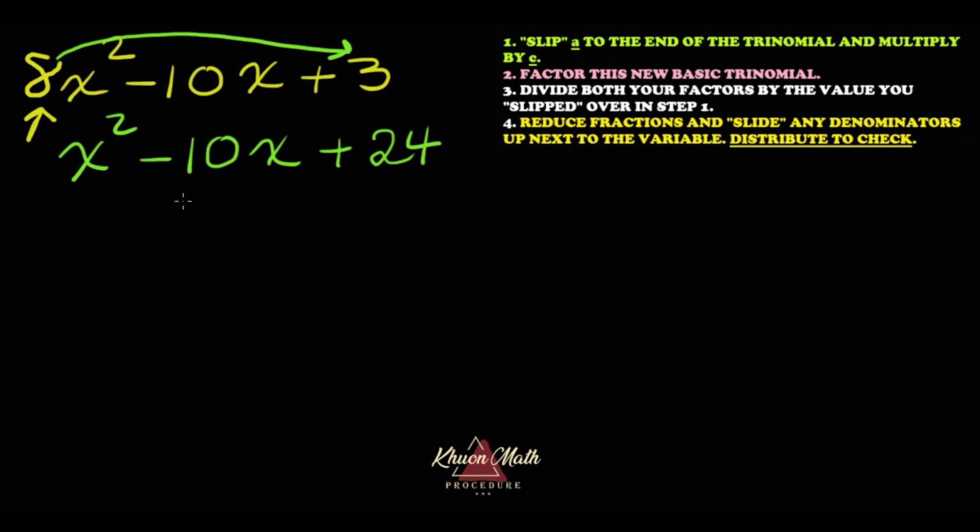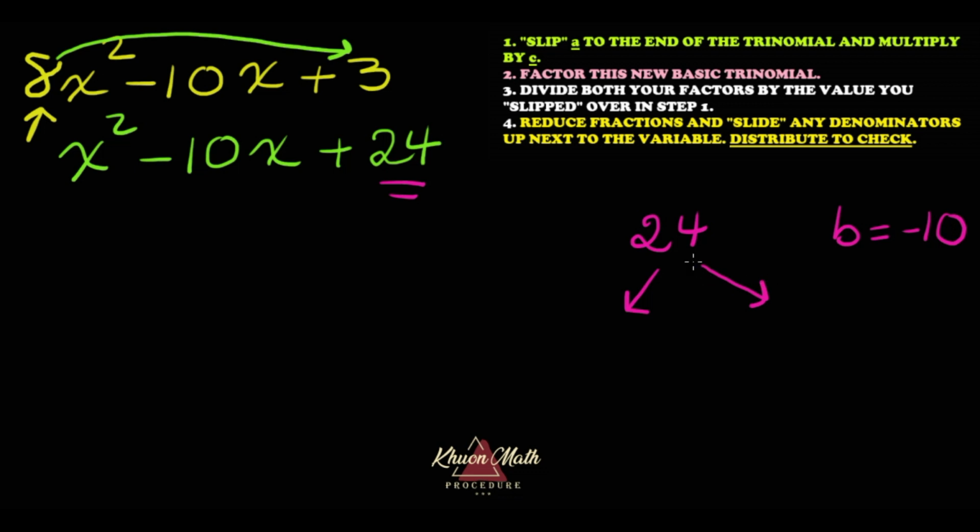So we're going to go ahead and factor this. So we have to bring in the c. So your c is 24 because it's ax squared, take away bx, plus c. So c is 24. Now we have to come up with factors of 24 that when you add them up, you get b to be negative 10.